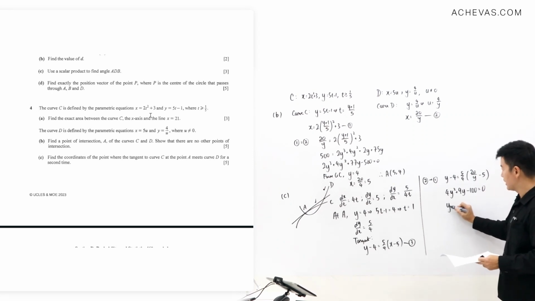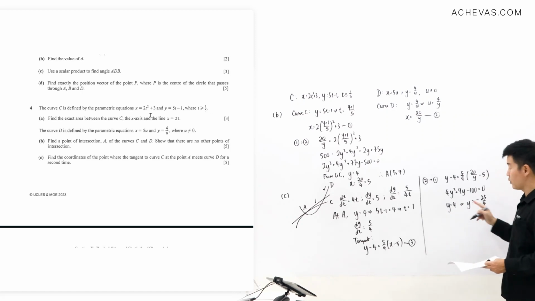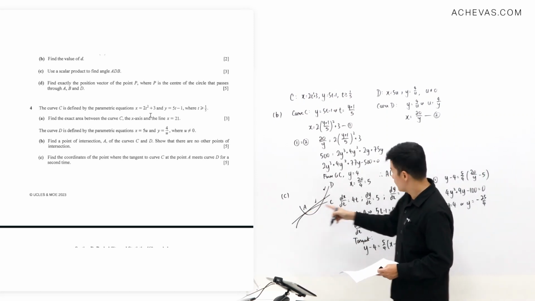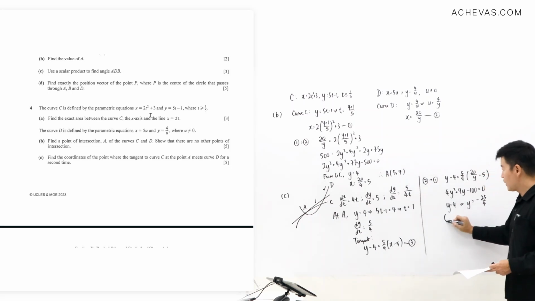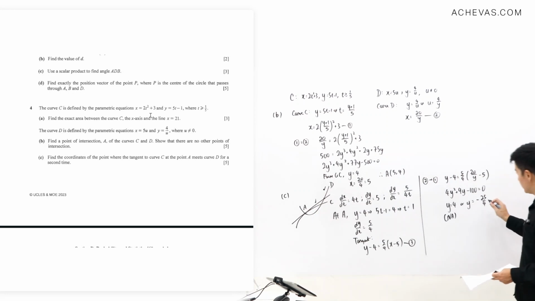Solving for this, we will get y equal to 4, or y equal to minus 25 over 4. We are not going to use this one, because that is the y coordinate for point A, and we are supposed to be looking for this other point of intersection. So we are going to use this.